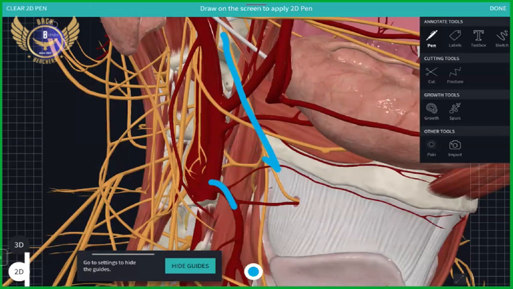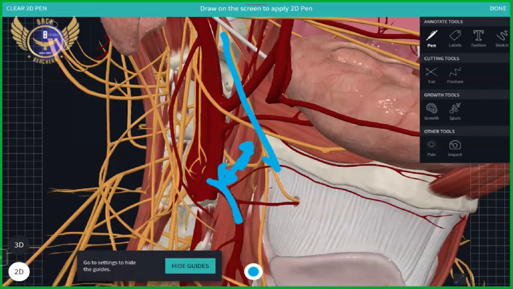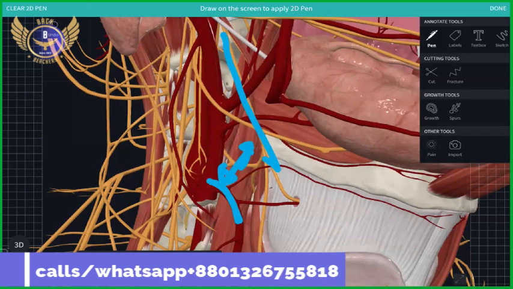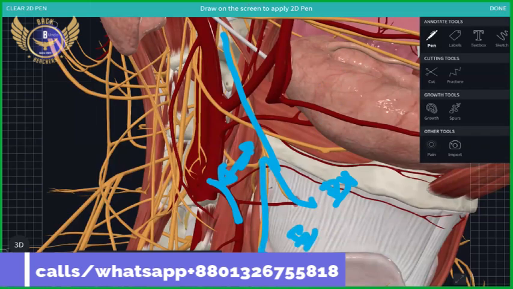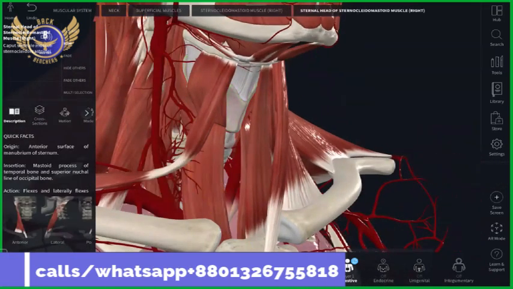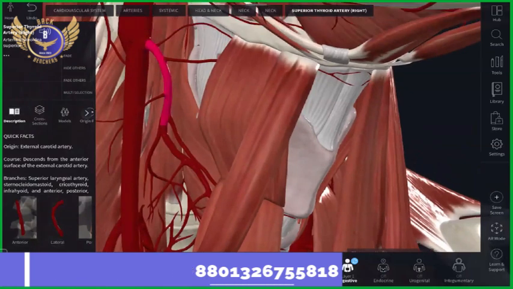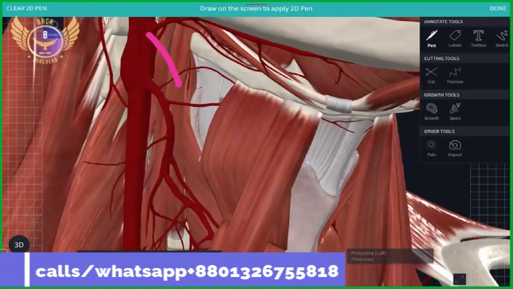This place is a very small gap. The superior laryngeal nerve will divide into two parts, internal laryngeal and external laryngeal. This is our superior thyroid artery coming from above, which is very close to the superior laryngeal nerve.